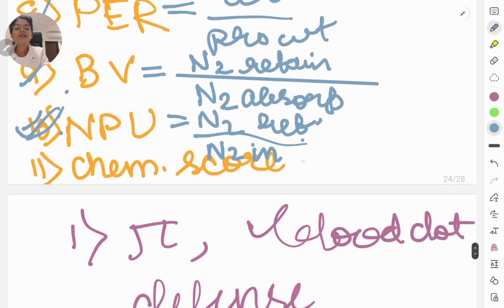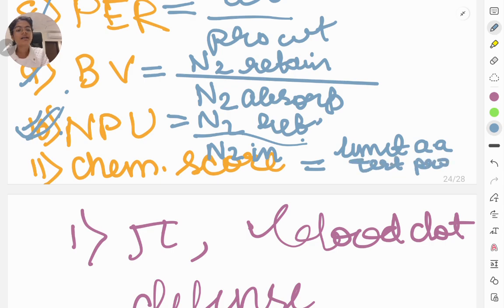Now, chemical score, it's just like the glycemic index we have seen. It is the limiting amino acid per of the test protein divided by the same amino acid for the egg protein.